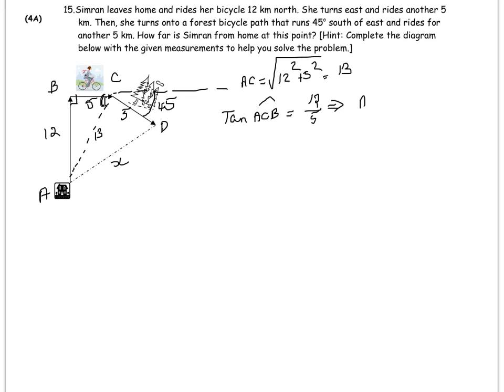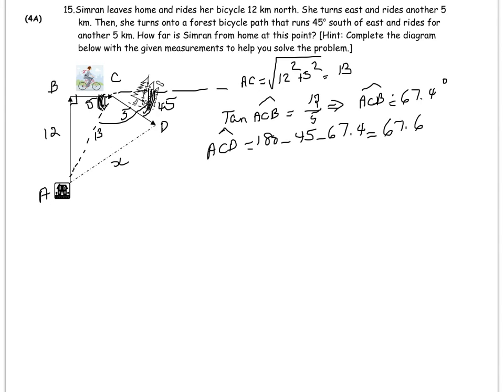From here, I can find that angle ACB is approximately 67.4 degrees. Now, I know this angle is 45, I know this angle is 67.4, so I can find this angle. So I can say angle ACD is equal to 180 minus 45 minus 67.4, which is going to be 67.6.